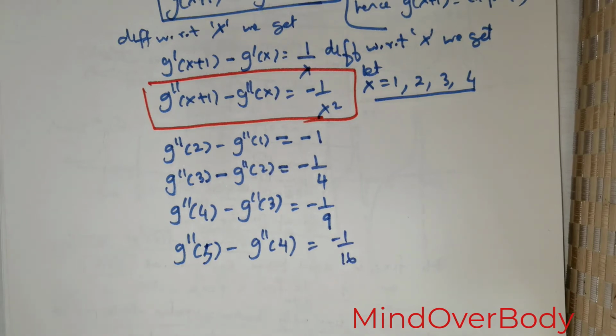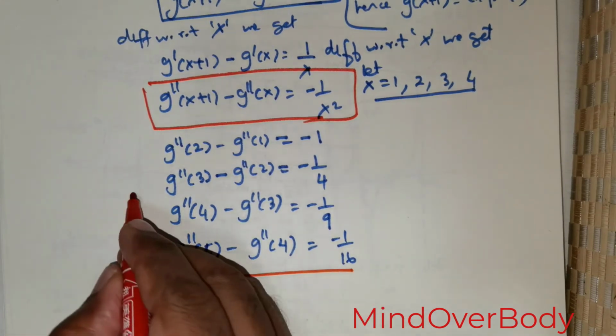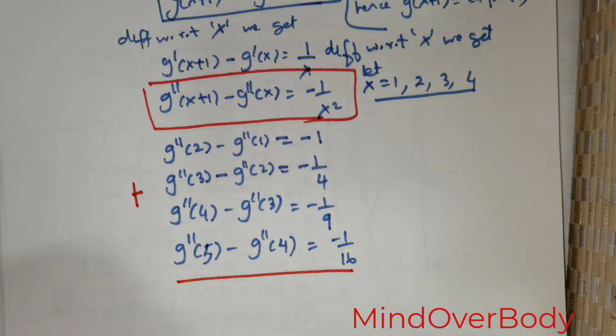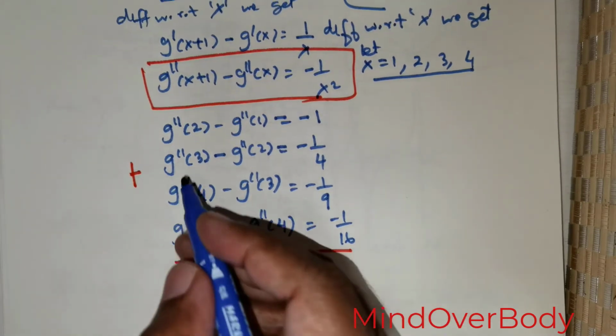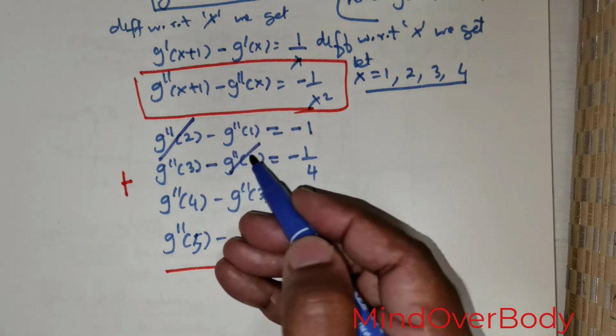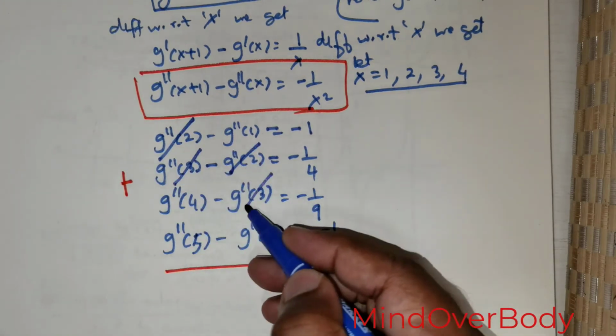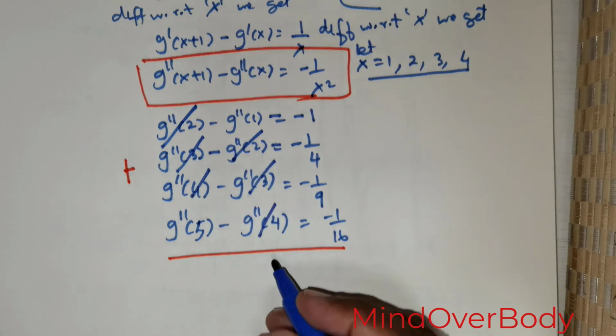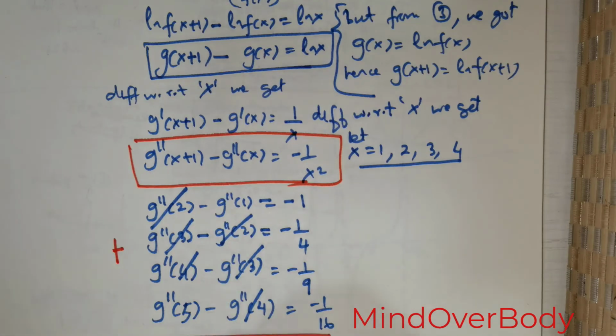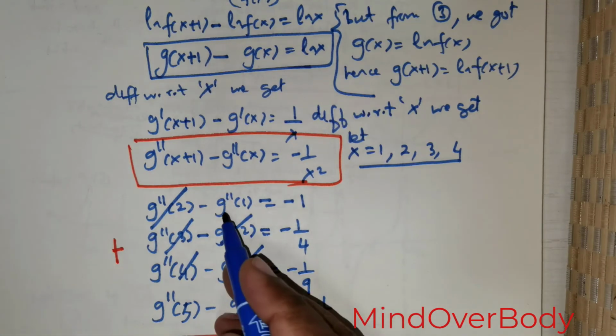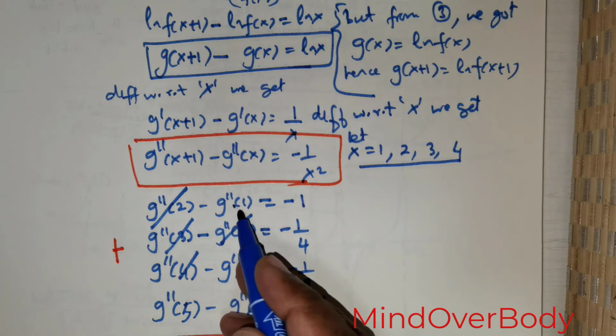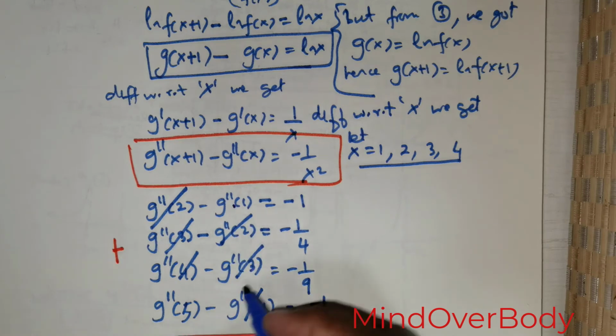Now what we have to do is add. If we are adding, then what happens? This gets cancelled with this, with this, with this, and so after cancelling all of this, we are left with g double dash of 1 and g double dash of 5.